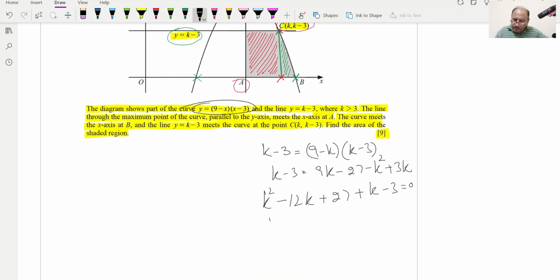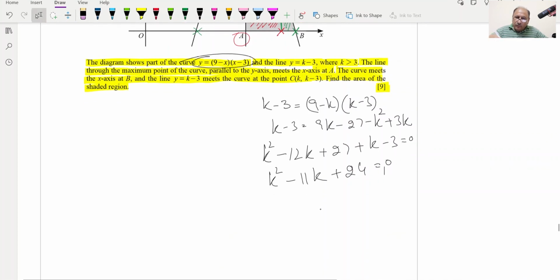Adding like terms, we get k squared, and 27 is without k, so minus 12k plus k will be minus 11k, and 27 minus 3 will be 24, plus 24 is equal to 0. Now we can factorize this to find the solution.